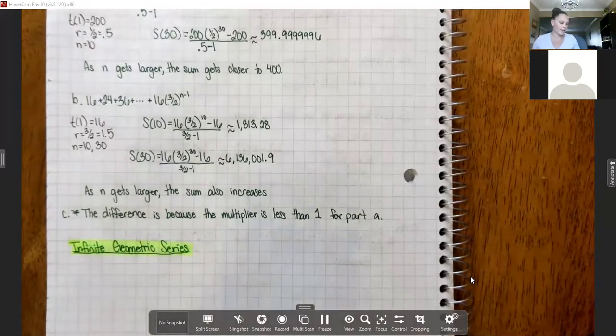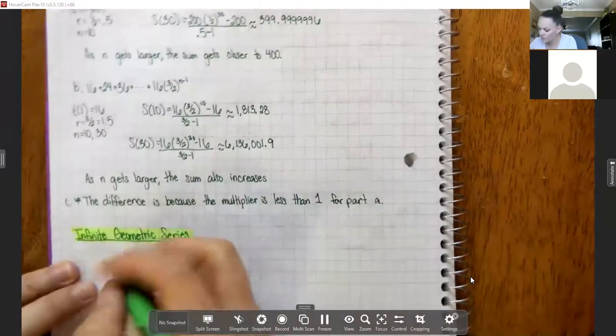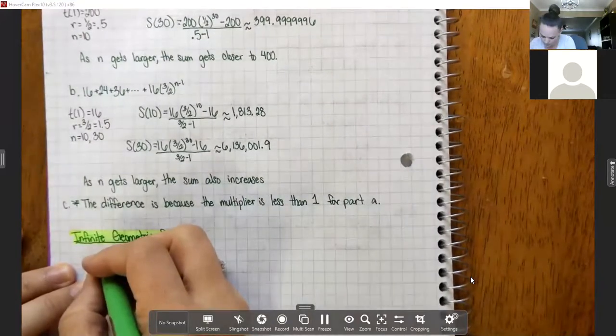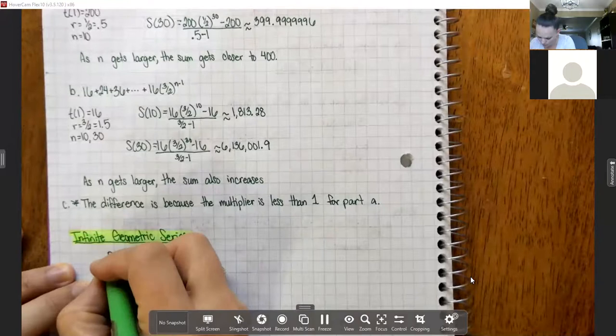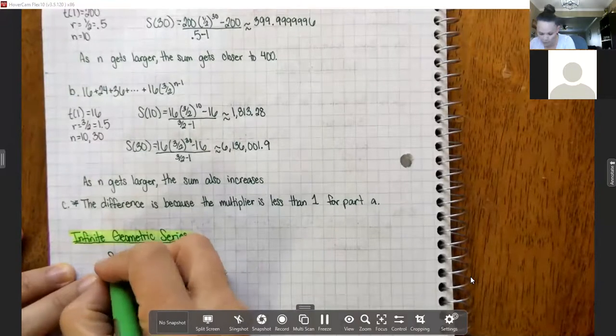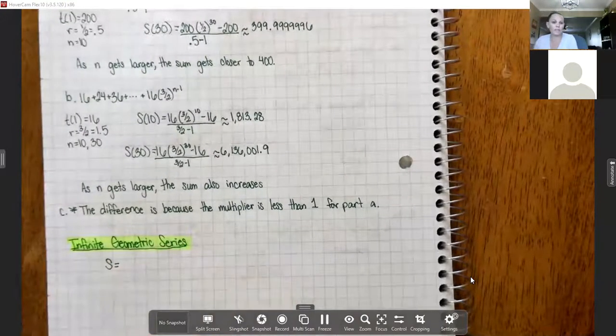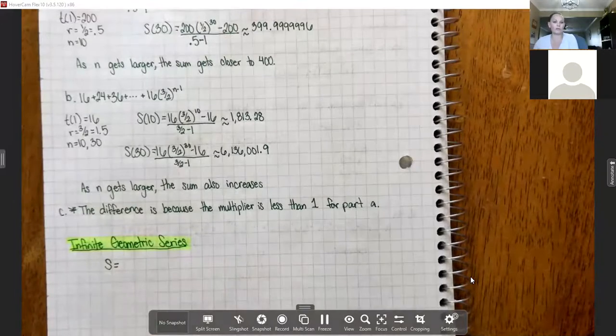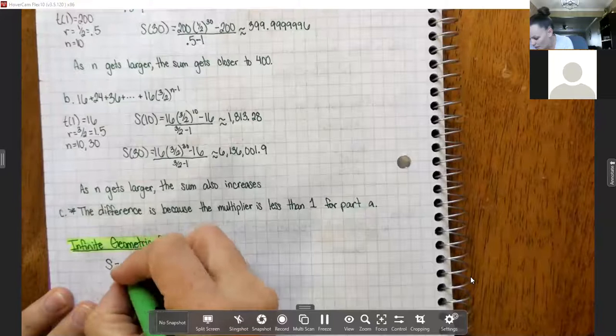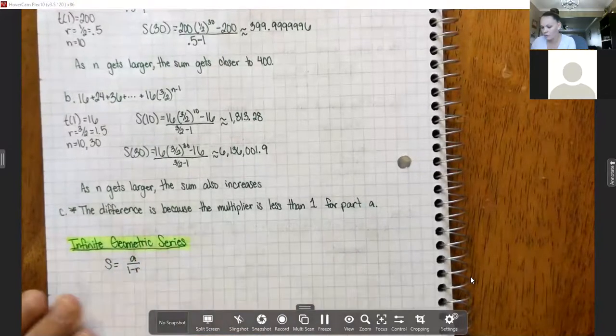We have a slightly different formula. So the sum, and we don't put S of n because we don't want n terms. This one goes on forever. The sum is A divided by 1 minus R.